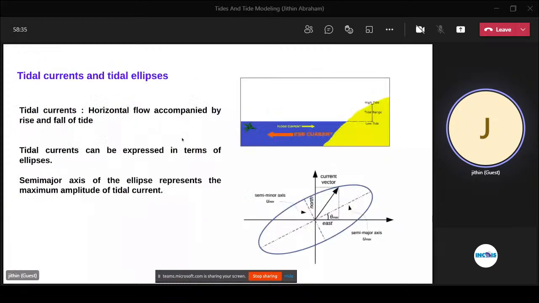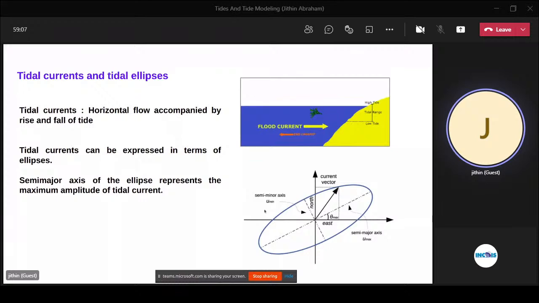And as I mentioned earlier, associated with this vertical movement of the sea surface, there are horizontal currents. These are called tidal currents, and these tidal currents are often expressed in terms of ellipses. It simply gives the orientation or the direction of the tidal flow, the maximum amplitude and minimum amplitude, and the direction of tidal currents.